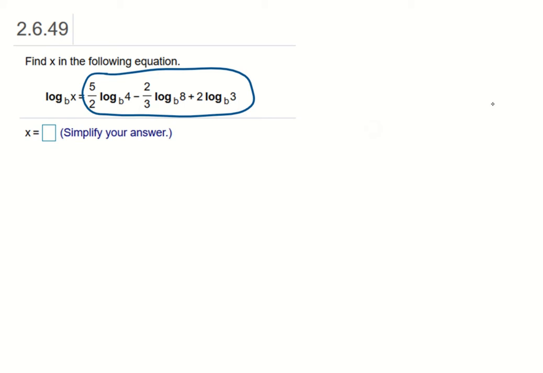And what we want is to simplify the right side as a single log. In other words, to write it as log with base b of something, and that something will be the x we're looking for. Right. Okay, so I'm going to simplify this part, which is the right side of the equation.